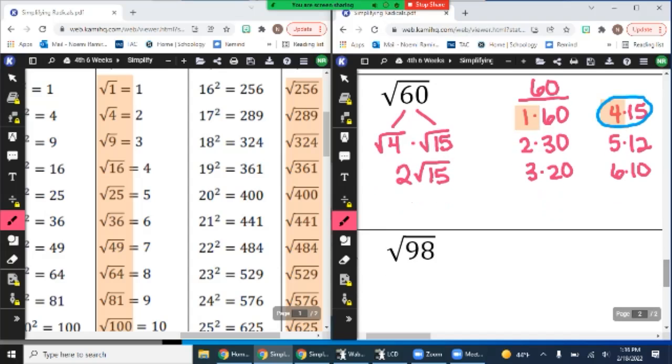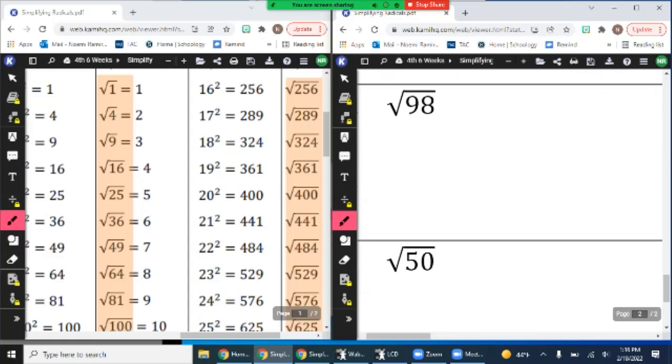Okay, factors of 98. There's only 3 sets of numbers. So factors of 98, 1 times 98, almost done. 2 times 49. 1 more. 7 times 14.